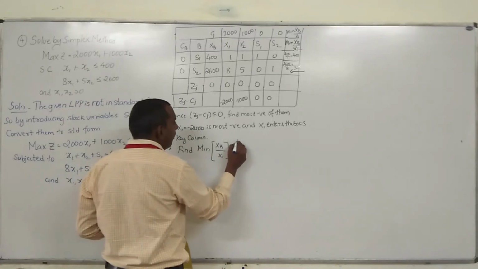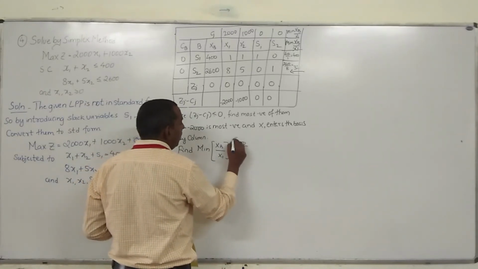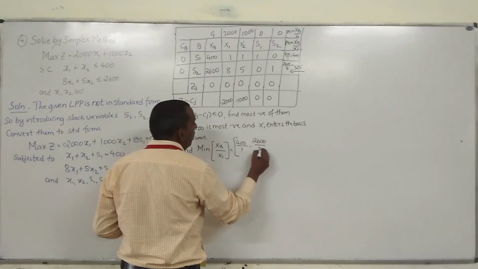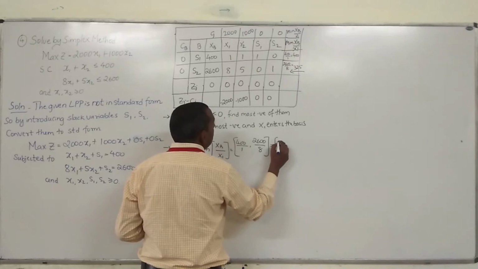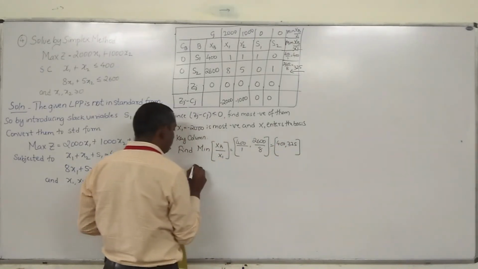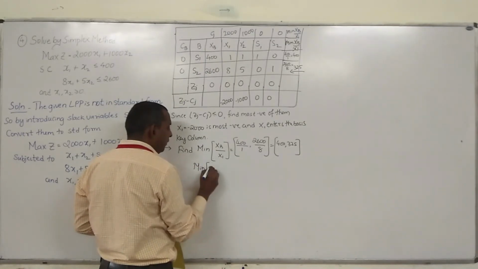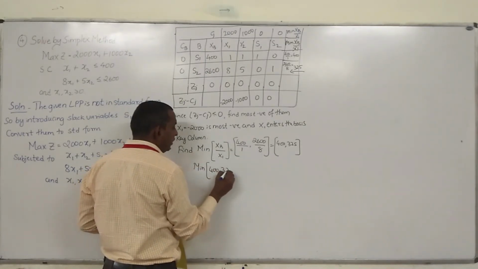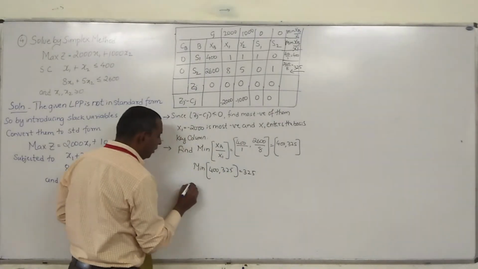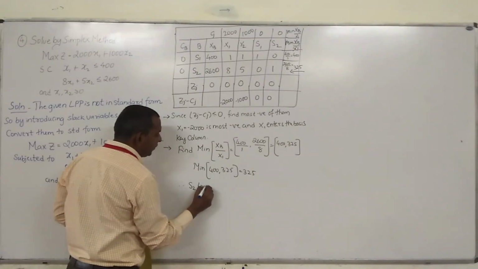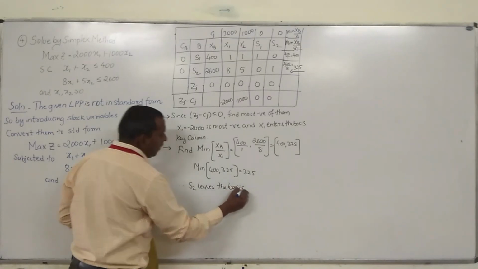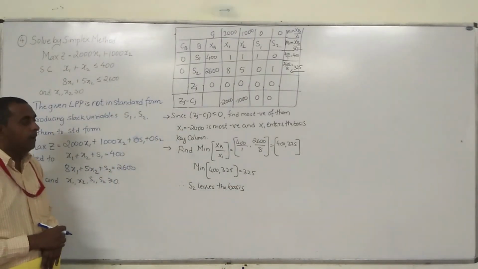So let me write here 400 divided by 1, comma, 2600 divided by 8. The answer is like this: 400, 325. So the minimum of 400 and 325 is nothing but 325. Therefore, S2 leaves the basis. So S2 leaves the basis.